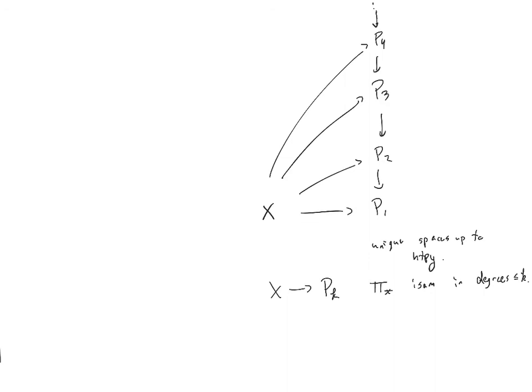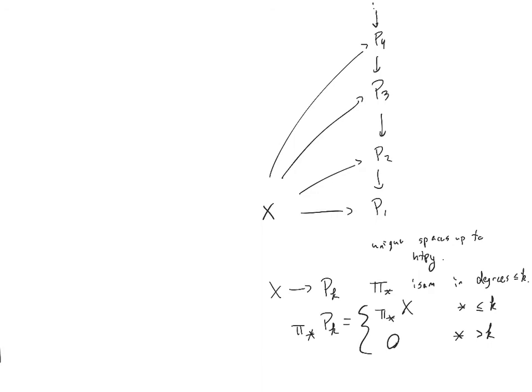And so Pk is this truncated thing. Its homotopy groups look like the homotopy groups for X when star is less than or equal to k, and 0 when star is bigger than k.